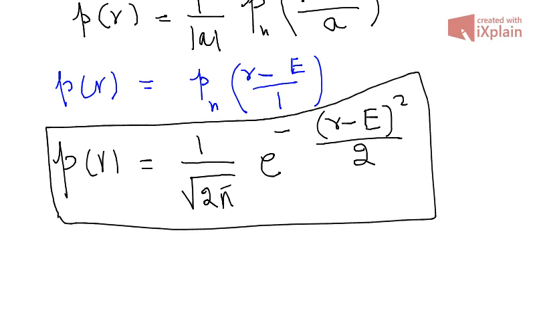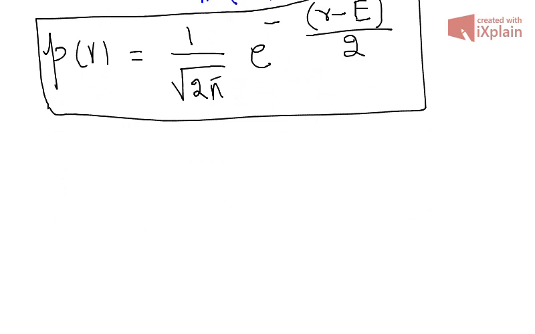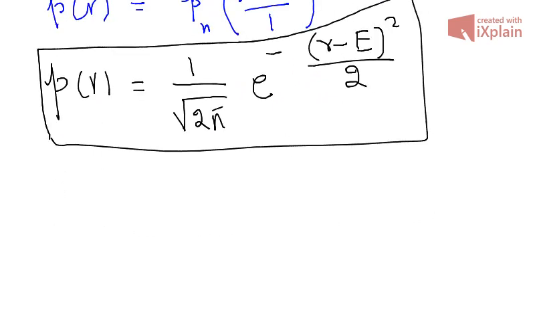Once we get this PDF, we can always write it in this form, and we can always draw it. If you are interested in drawing this PDF, it would look like the Gaussian curve, right? But the mean is shifted to E, as can be seen.